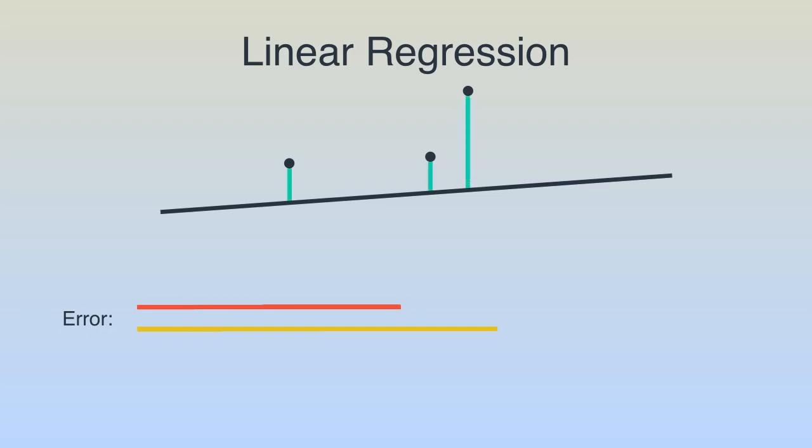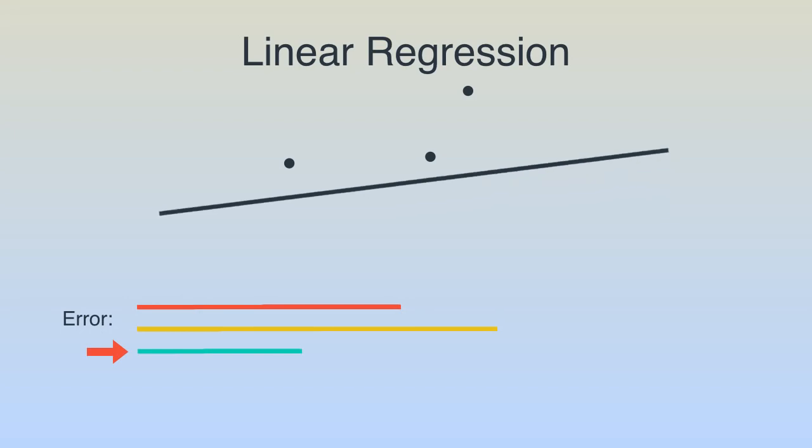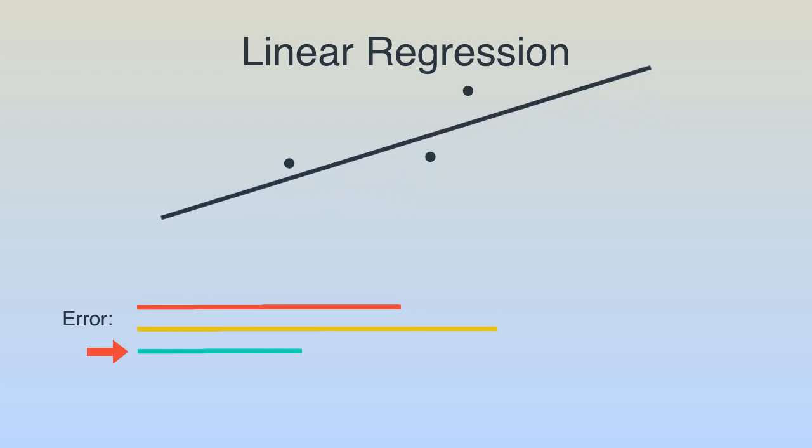Now it's given by the sum of these 3 green distances. And we see that the error is smaller, so we actually reduced it. So let's say we take that step. We're a little closer to our solution. If we continue doing this procedure several times, we will always be decreasing the error and we'll finally arrive to a good solution in the form of this line. This general procedure is known as gradient descent.